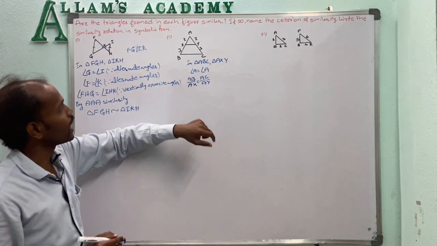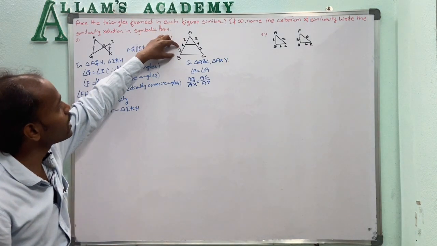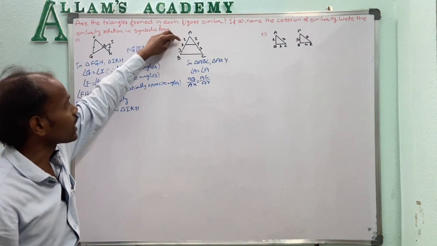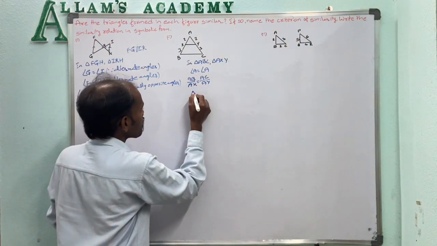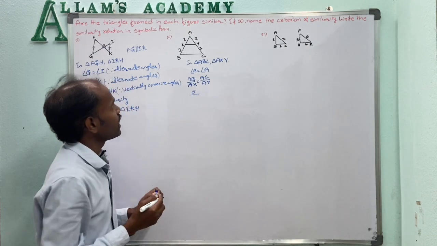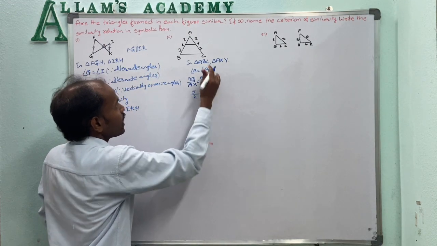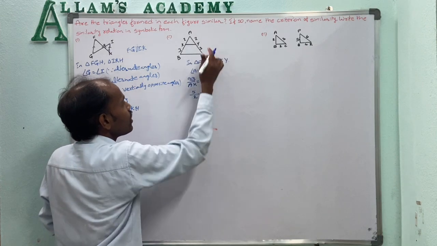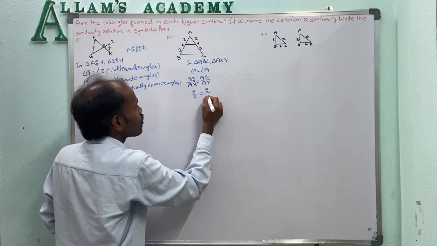Now, AX length is 2 units, XB length is 3 units, so the total AB length is 5 units. AX length is 2 units. Here AC length is 5 units and AY length is 2 units.